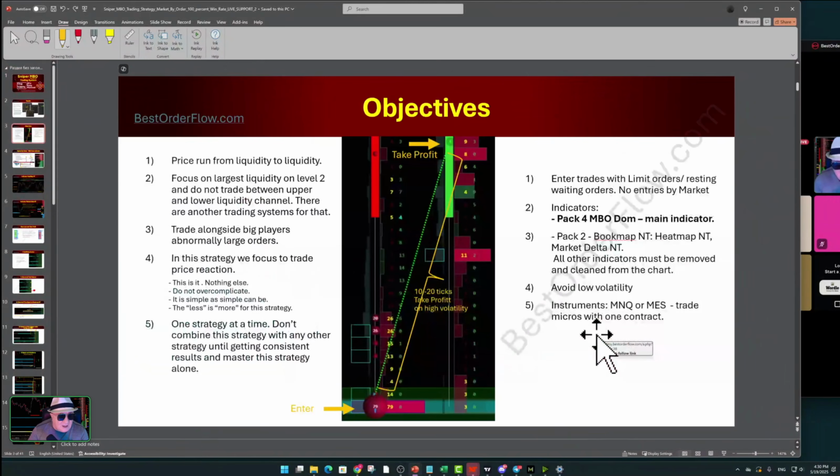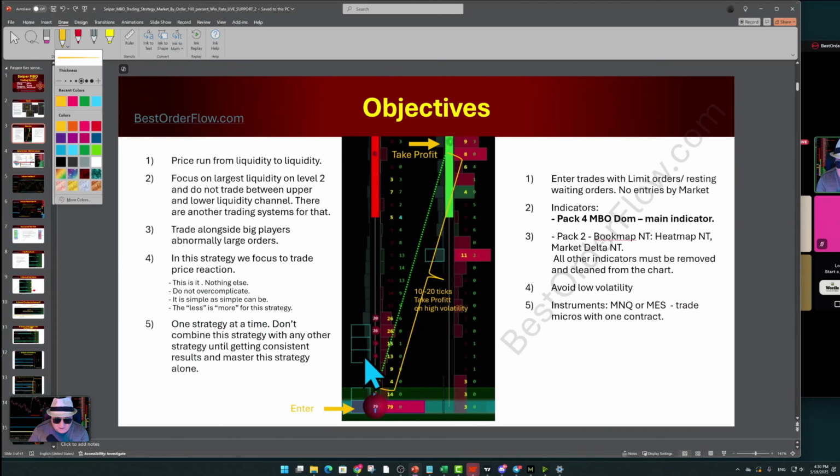And all I expect, I put my limit order somewhere, one tick below or above, whatever it depends, right? Or right there under this price where I see the enormous, abnormal volume, right?